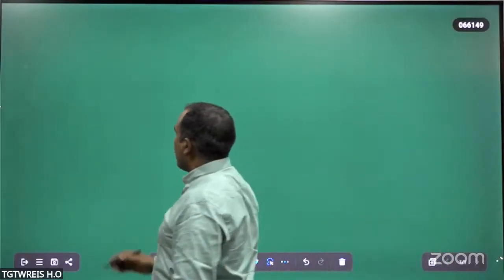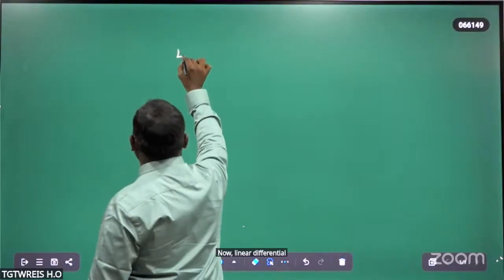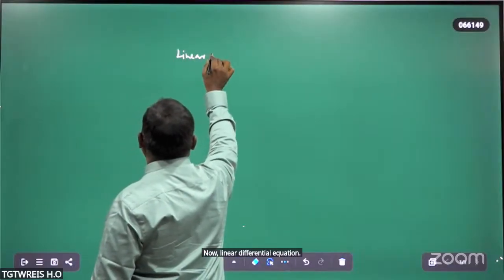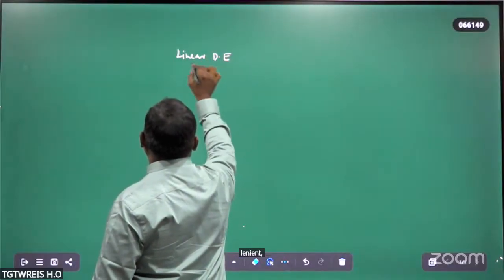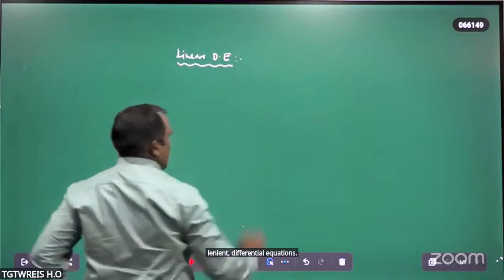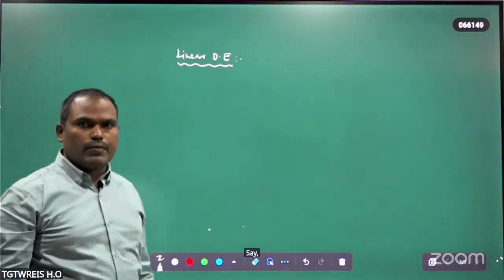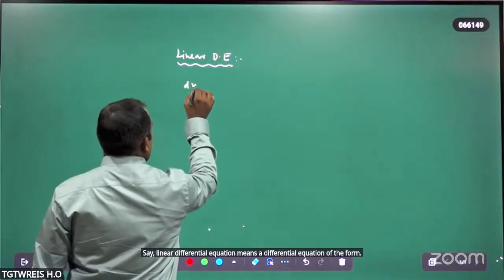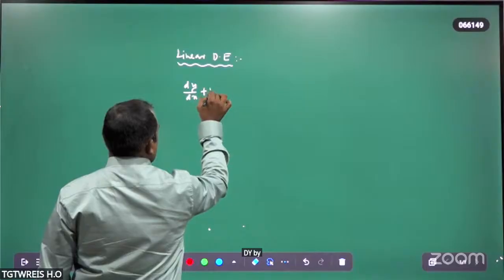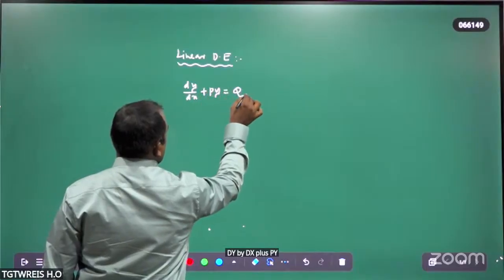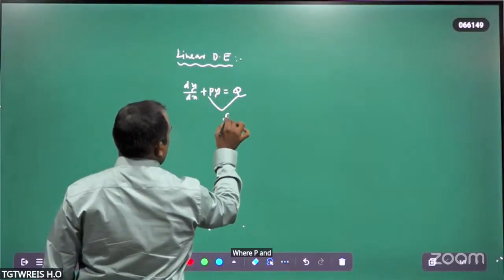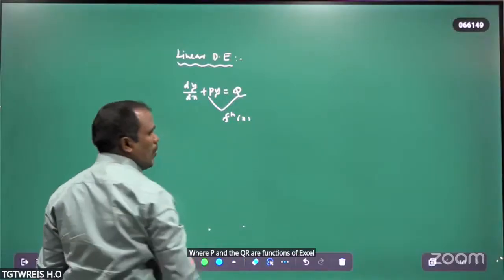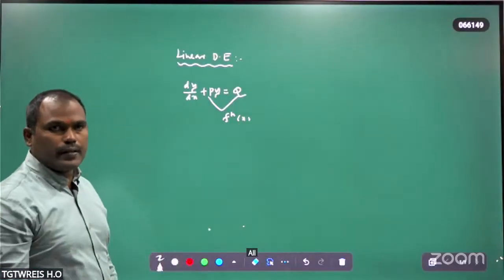Now, linear differential equations. See, a linear differential equation means a differential equation of the form dy by dx plus Py equal to Q, where P and Q are functions of x or constants only.